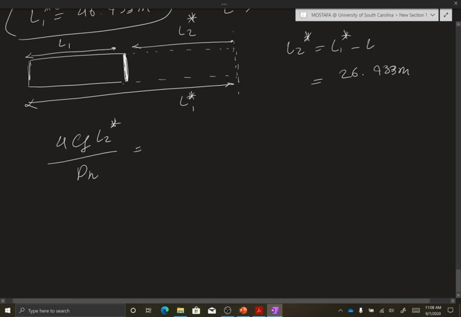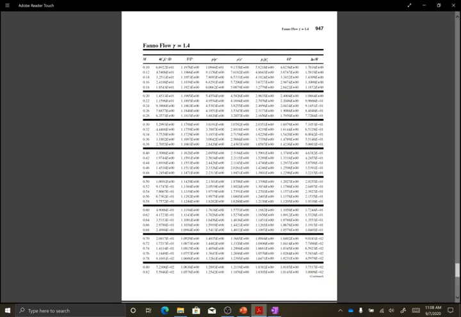So using this new length, we have to calculate the ratio of 4CF L2 star over the hydraulic diameter. Nothing has changed except for the L2 star. Plug that in. It will give you the ratio of 5.3866. And going back to the table, for this ratio, this is the first column, right? We are looking for 5.3.